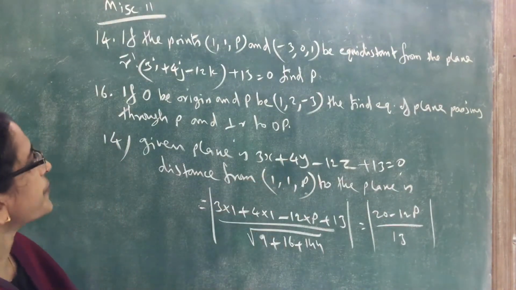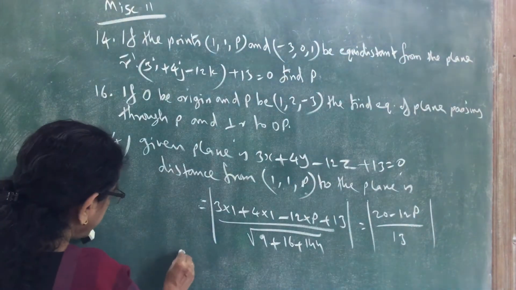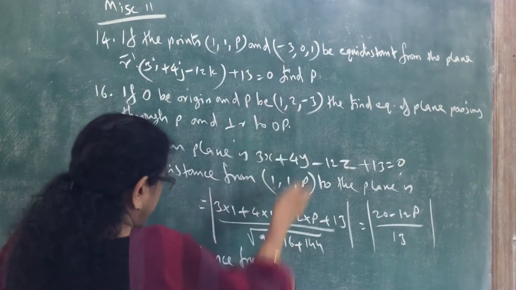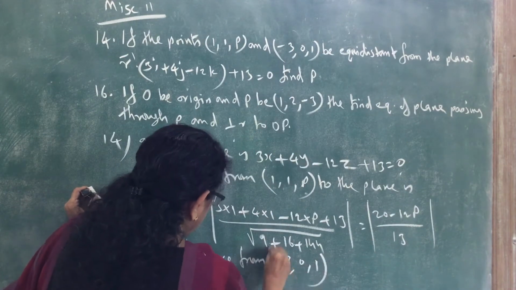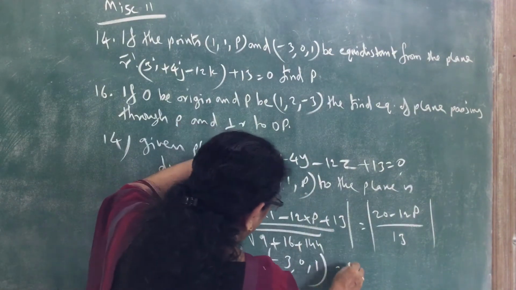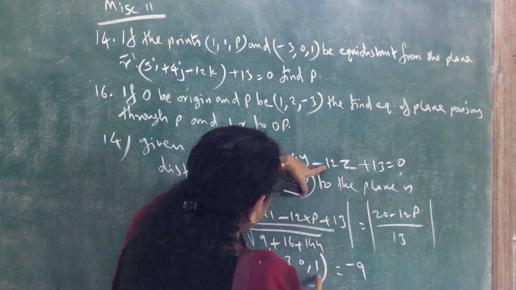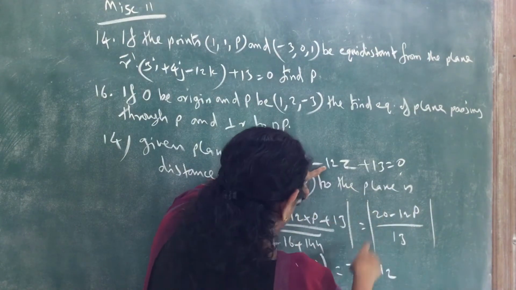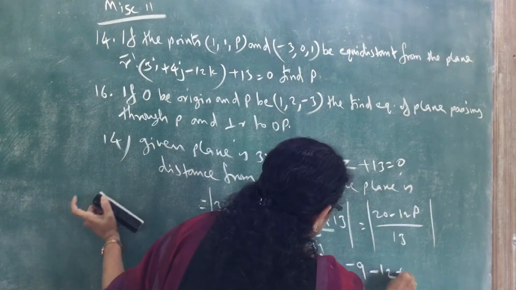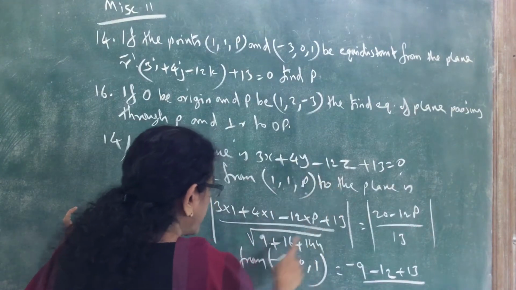Now we can find the distance from the second point, (-3, 0, 1). The distance from (-3, 0, 1) is equal to 3 into minus 3, minus 9, plus 4 into 0, 0, minus 12 into 1, minus 12, plus 13, divided by the same number, root of 9 plus 16 plus 144, the same number we get, 13.